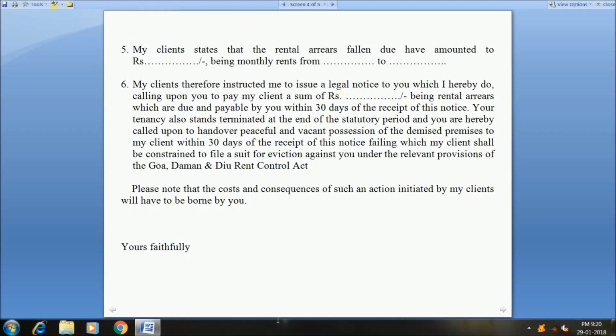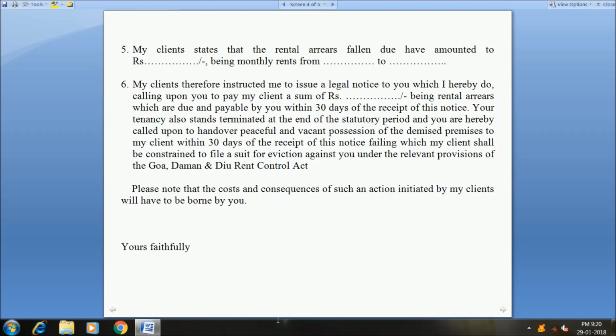You can also frame the last paragraph differently. That is, if you are issuing a notice for the purpose of inviting a settlement, then you can always state in the last paragraph that you are hereby called upon to settle the matter amicably, or that you are hereby called upon to meet me in the office, or something of that sort for the purpose of settlement. It is not always that you have to give the opposite party an ultimatum.